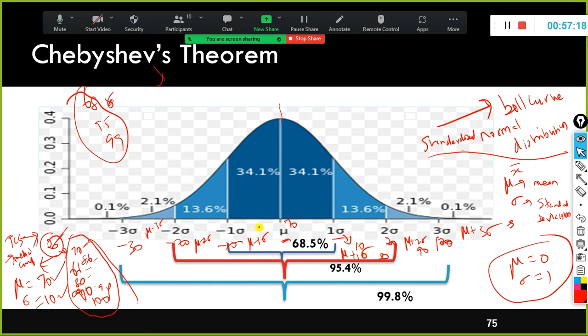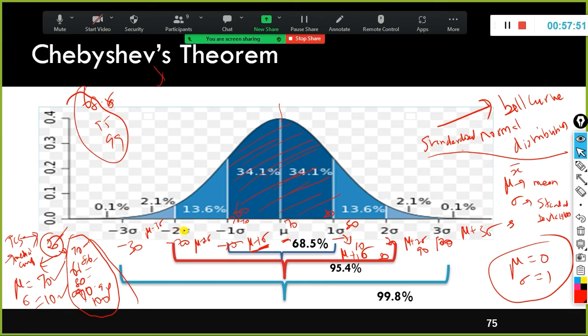Mu plus 1 sigma: mu is 70, 1 sigma is 10, 70 plus 10 is 80. Mu minus 1 sigma: 70 minus 10 is 60. So 68% of my team members' heart rate ranges between 60 and 80. This area covers 68% of the staff's heart rate values.